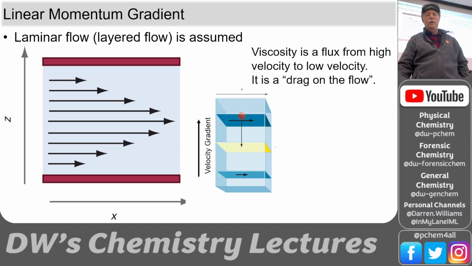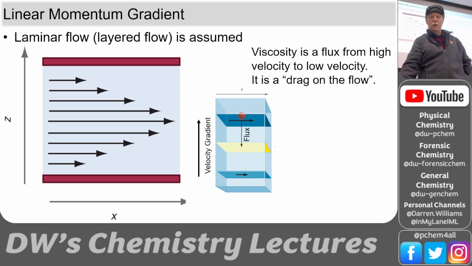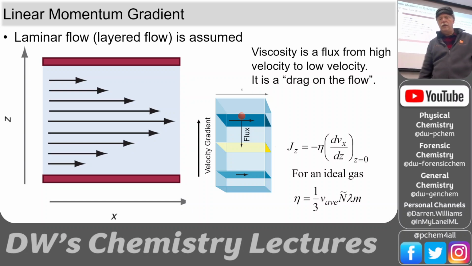So here I've drawn the little boxes that we see in the other notes where the gradient is. You have this velocity gradient going up there, and then there's a flux in the opposite direction. And so it has the same kind of differential where we have this transport coefficient. It's the coefficient in front of that drag on the velocity with respect to the z direction.